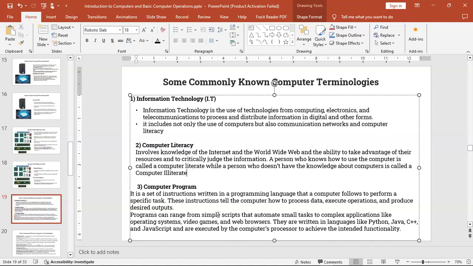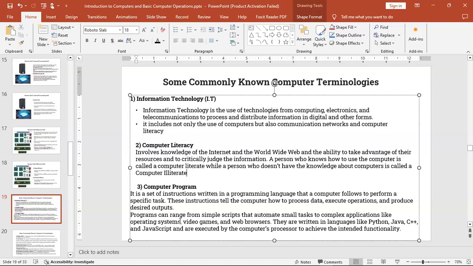They range from simple scripts that automate small tasks to complex applications like operating systems. What is an operating system? We're going to see that in the next class. Operating systems like Windows. You have Windows, you have Linux, you have Kali Linux, you have Ubuntu. Those are computer programs that were coded. Very complex.